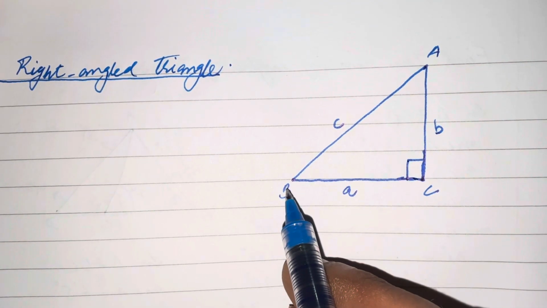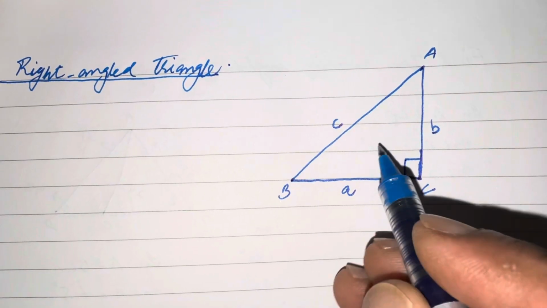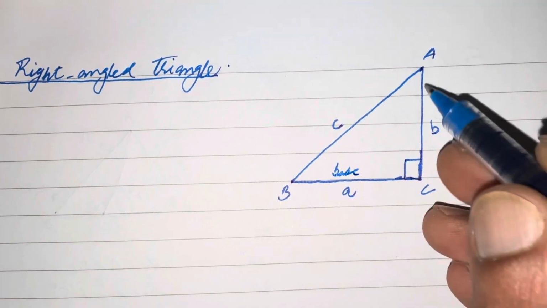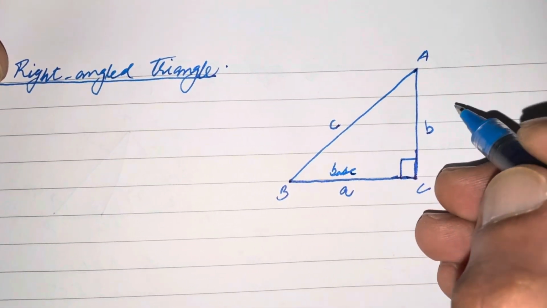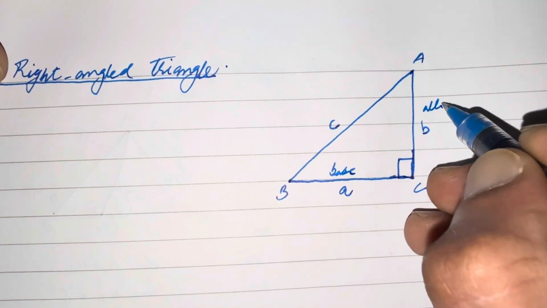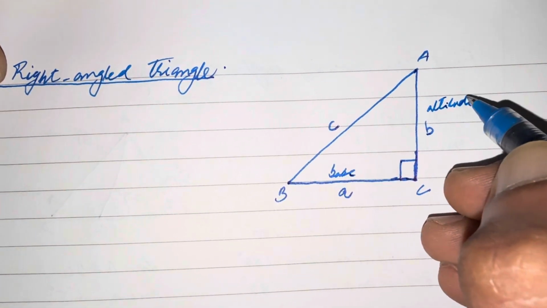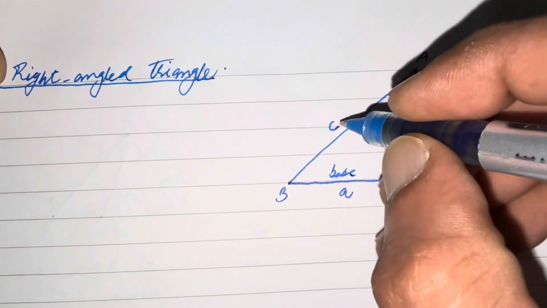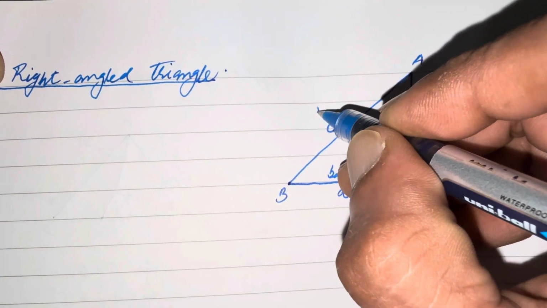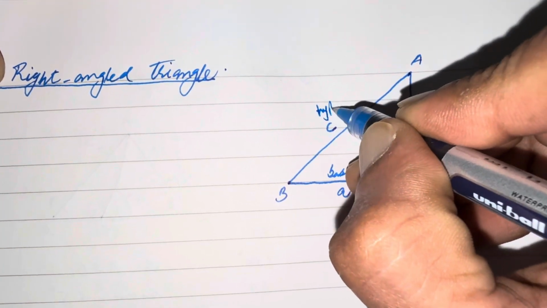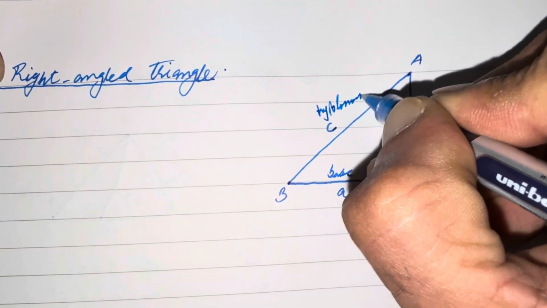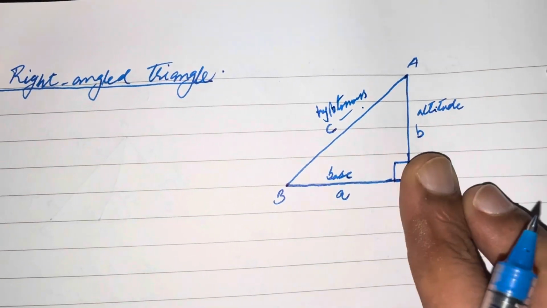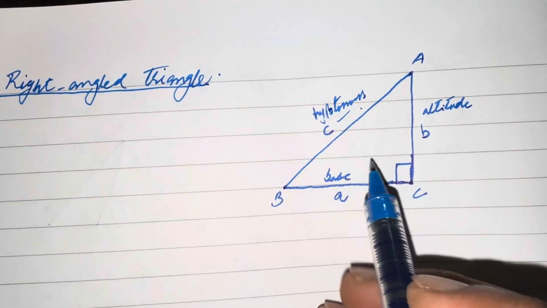We can say that BC is the base of the triangle, CA is called the altitude of the triangle, and the side AB is called the hypotenuse of the triangle.